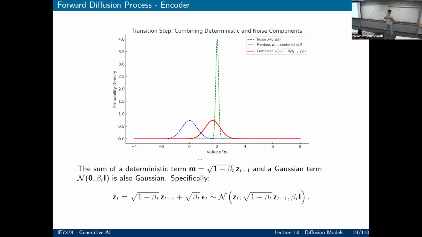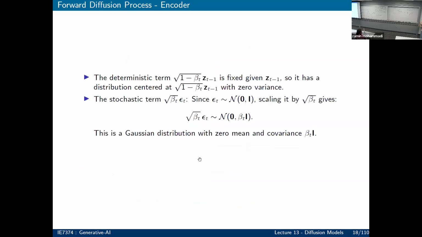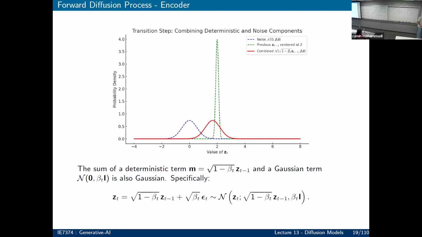So for every z t, we know it comes from a Gaussian by default with mean square root of 1 minus beta t times the previous value, and variance beta. So now we learn two things. The stochastic term always comes from a Gaussian with that distribution, and z t always comes from a Gaussian with the following distribution.